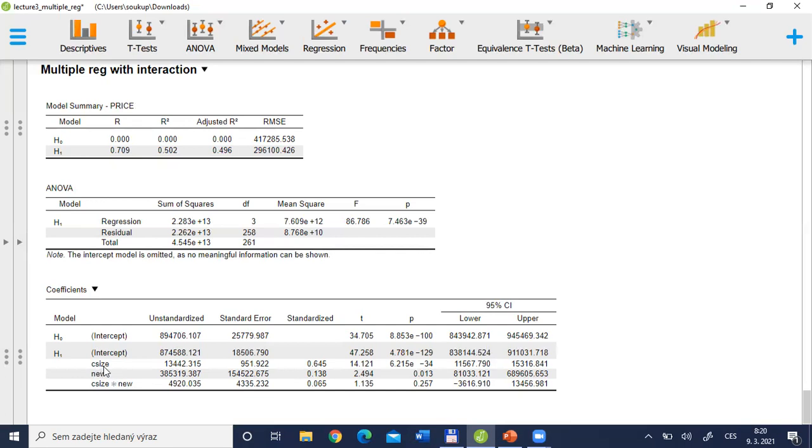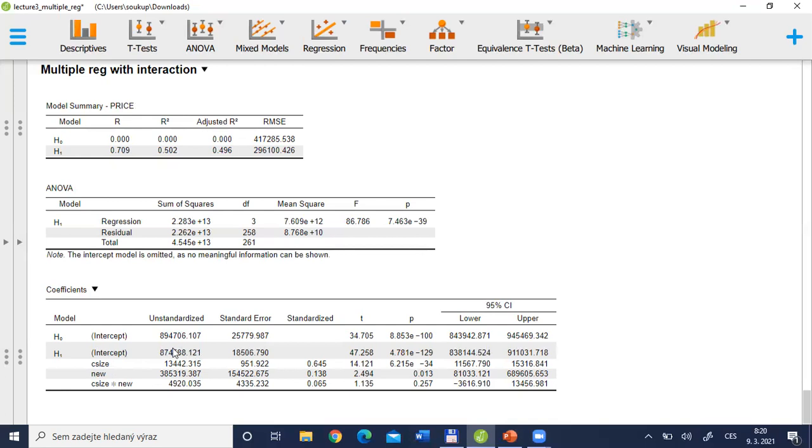So C size is once again the centered size of the flat. So it means that the average flat has zero for this variable C size. New is coded as 0. The flat is not new, it is old. And 1, it is new. And C size multiplied by new is only the multiplication of these two.